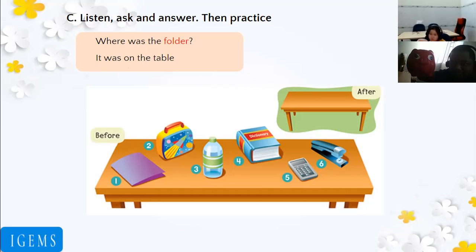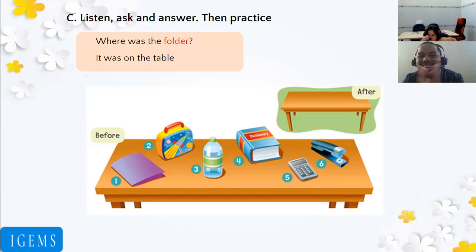See this? It's on the table. Then now I am going to ask you something. Where is the folder? Can you please repeat it after me? It was on the table.